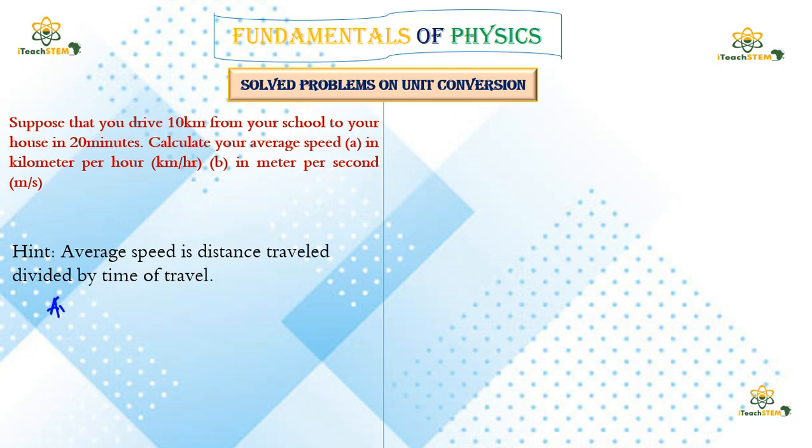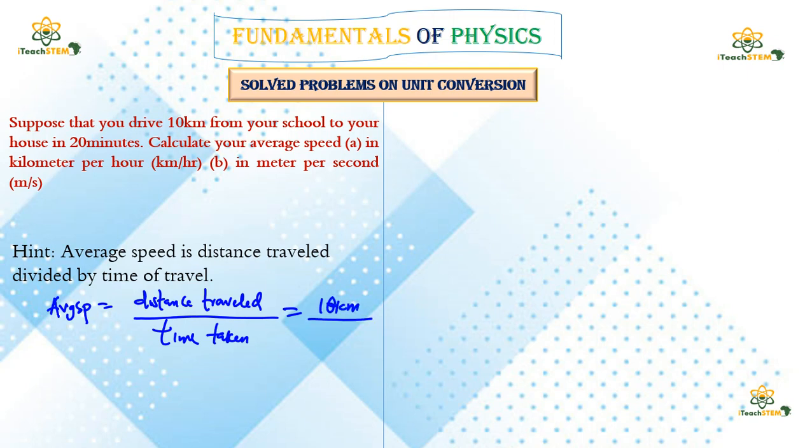So average speed, abbreviated as such, equals distance traveled all over time taken. So which gives us 10 kilometers all over 20 minutes according to the question.